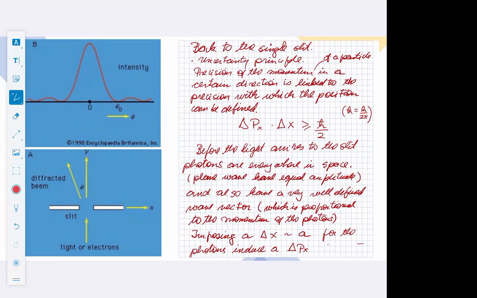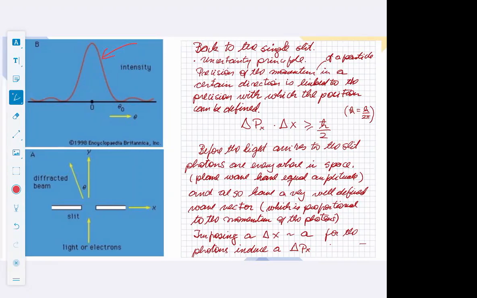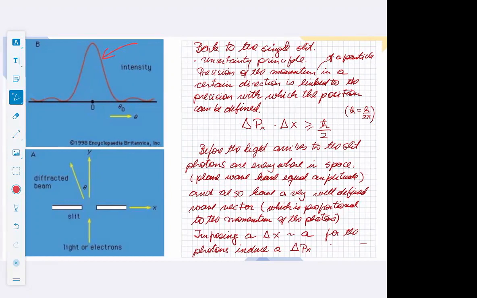Look at what this curve shows, the intensity as a function of angle. We calculated this with wave theory, but in this model, where we are now using photons, particles, this is essentially a probability.